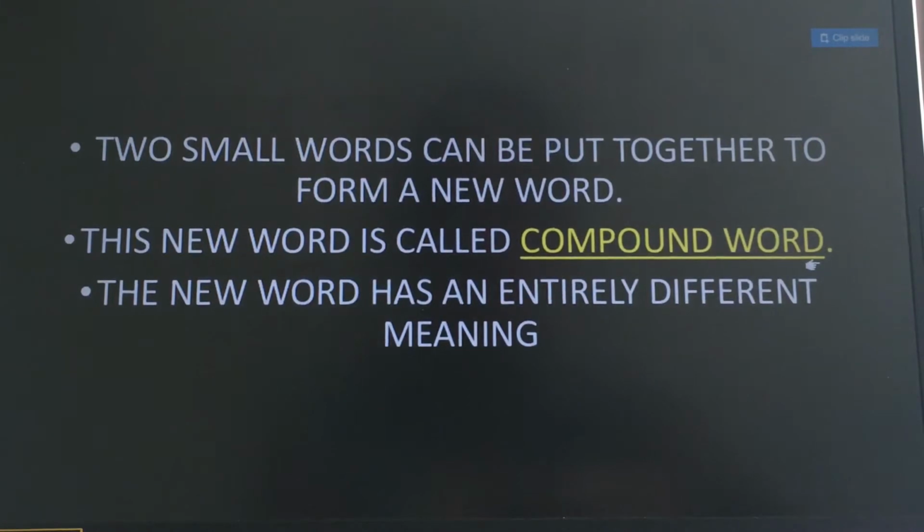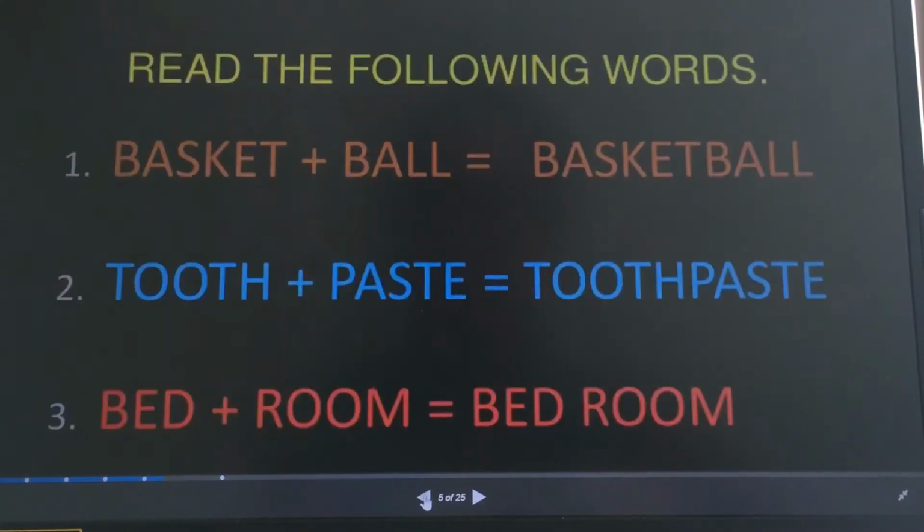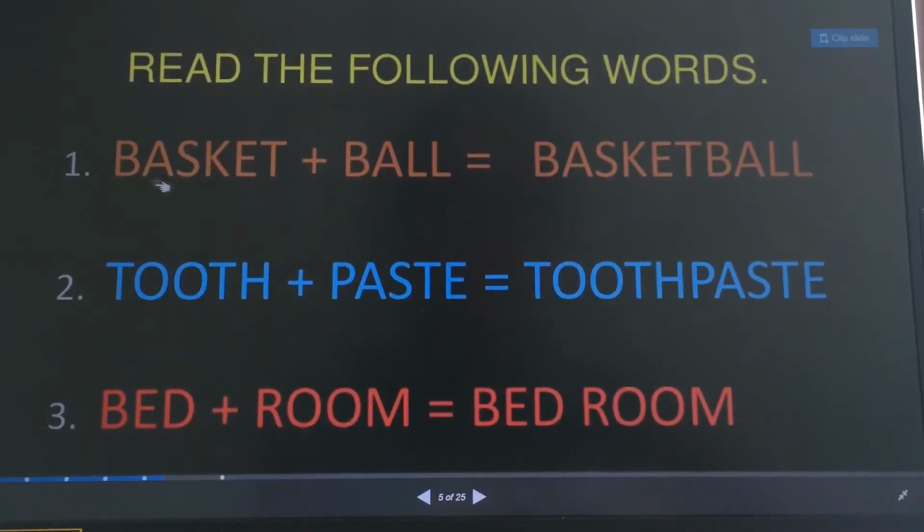The new word has an entirely different meaning. As you can see in our example, we have basket plus ball. If we put them together, we have basketball, but we can form a different meaning. Basket has a different meaning. Ball has a different meaning. And when we put them together, we form a compound word, basketball.